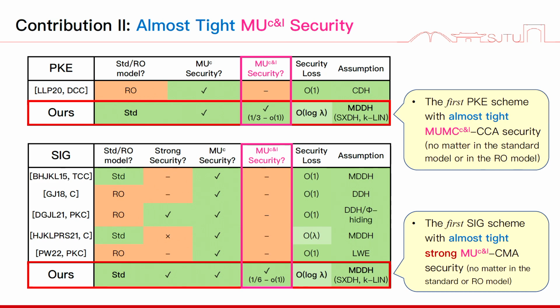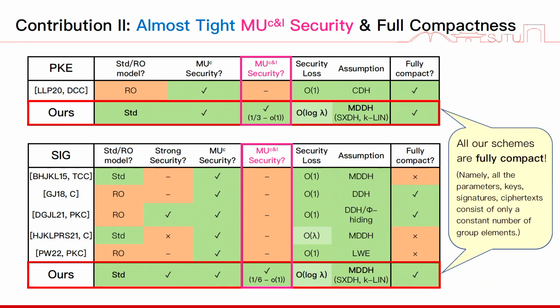Our schemes are the first schemes with almost tight MUC-L security, no matter in the standard model or in the random oracle model. Moreover, in terms of efficiency, all our schemes are fully compact, meaning that all the parameters, keys, signatures, and ciphertexts consist of only a constant number of group elements.